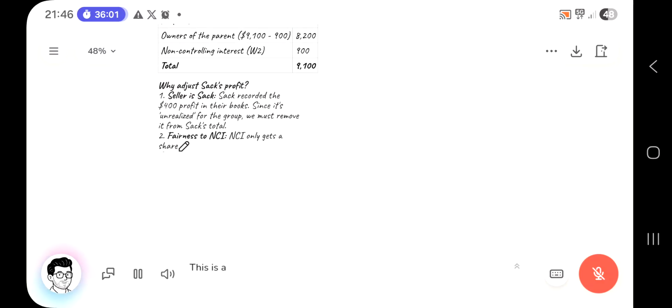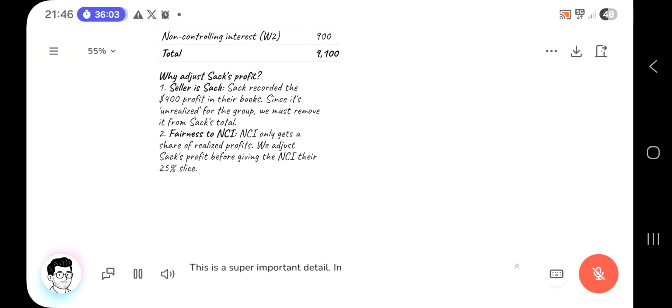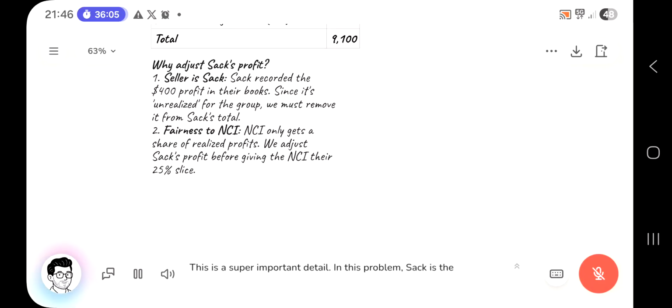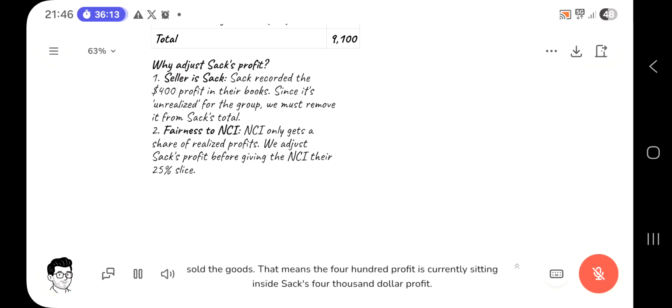This is a super important detail. In this problem, SAC is the one who sold the goods. That means the $400 profit is currently sitting inside SAC's $4,000 profit.